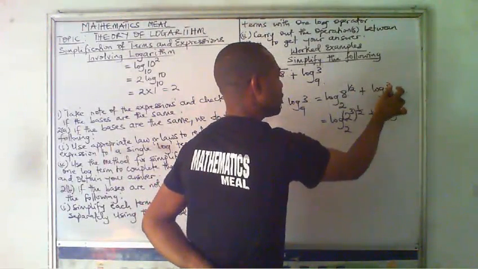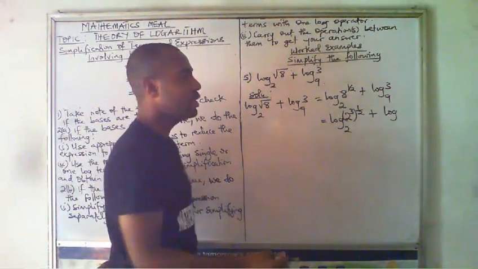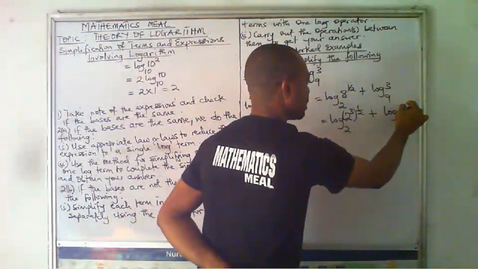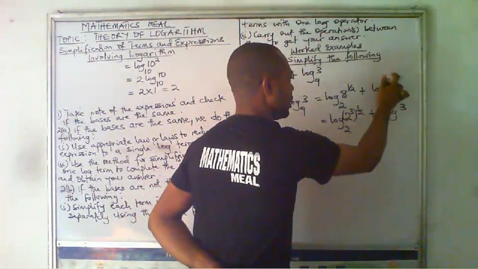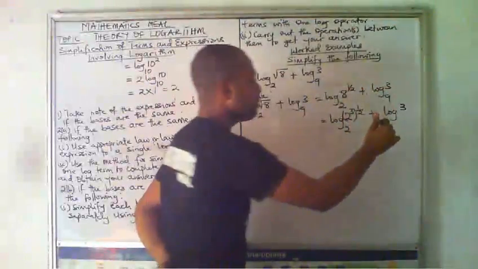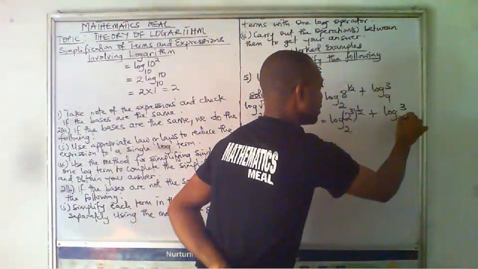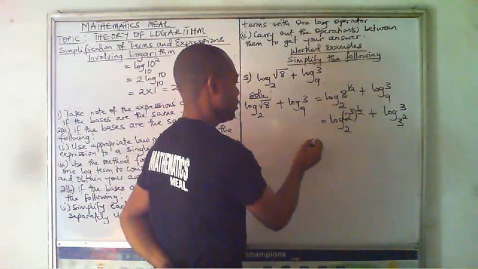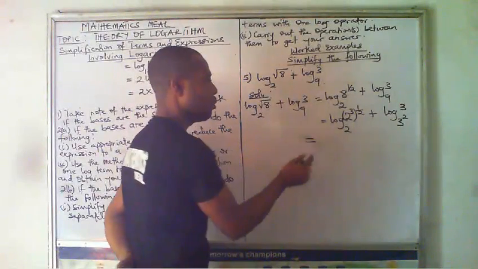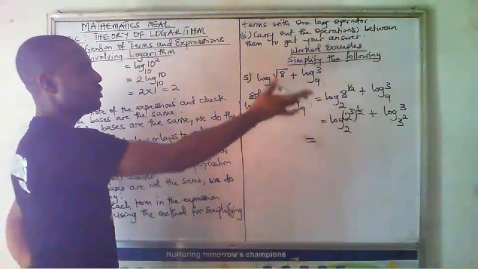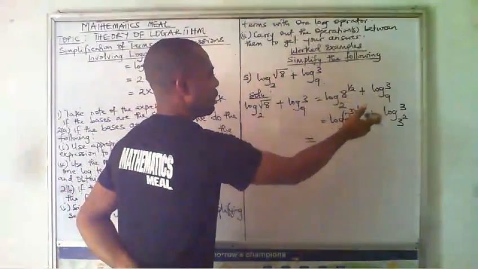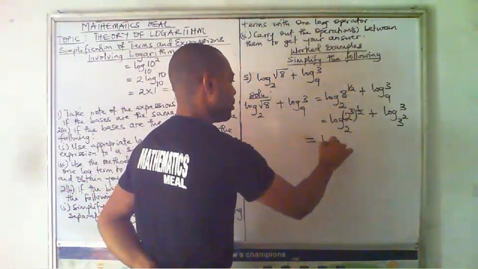The ancestor of 3 and 9 is 3. So we need to write 9 in terms of its ancestor. 3 is already the ancestor of itself, so we keep it that way. 9 is 3 raised to power 2. Okay? We go further. What else should we do? We need to remove this power. This will not help us. So let's simplify the power first.